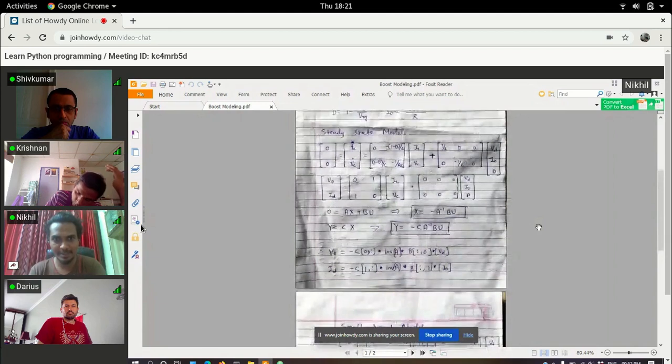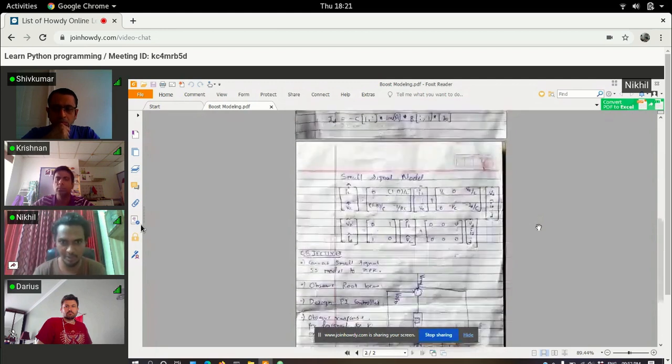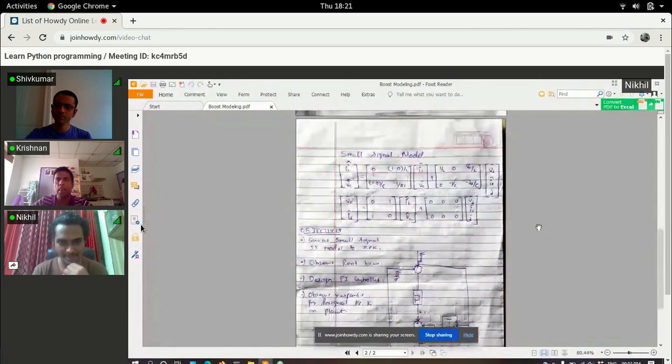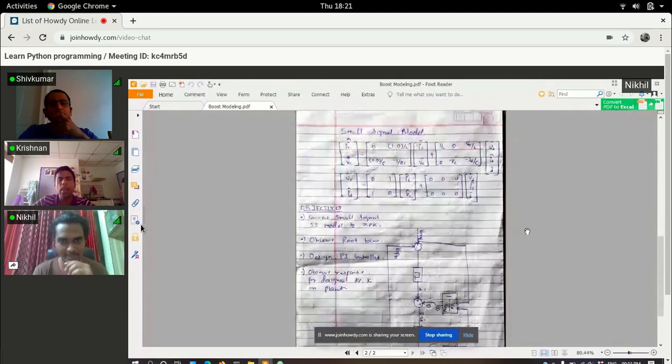Basically, it is dIL by dt and dVc by dt. Since in steady state there is no change, there is no change in inductor current or change in capacitor voltage. So we have equated it to 0 for steady state, and IL cap and VC cap are the error that we have during our steady state or control. I have not included waveforms here, so it would have been very easy for us to understand.